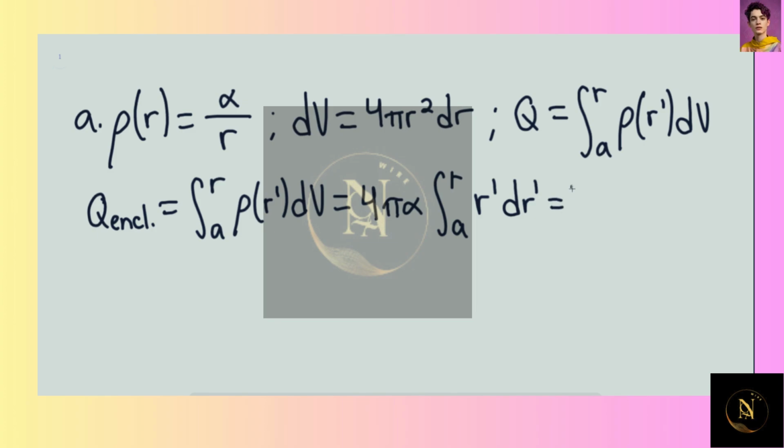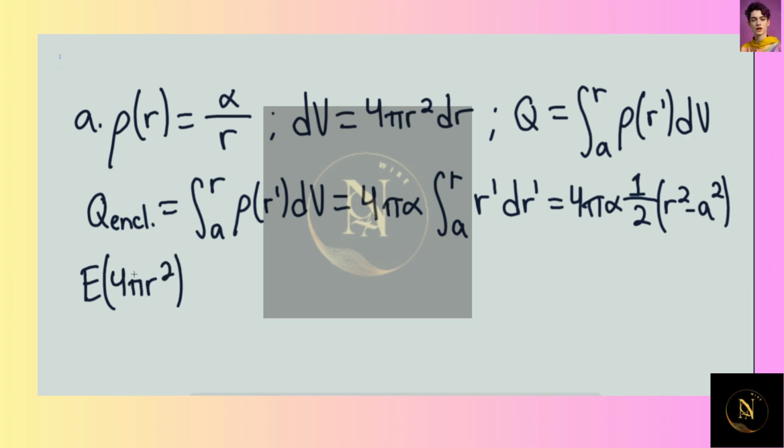And so this is equaling 4 pi alpha multiplied by 1 over 2 times r squared minus a squared. And Gauss's law says that the electric field times 4 pi r squared, which would be essentially the electric flux, my apologies, is equaling 2 pi alpha times r squared minus a squared divided by epsilon naught, the permittivity in a vacuum.